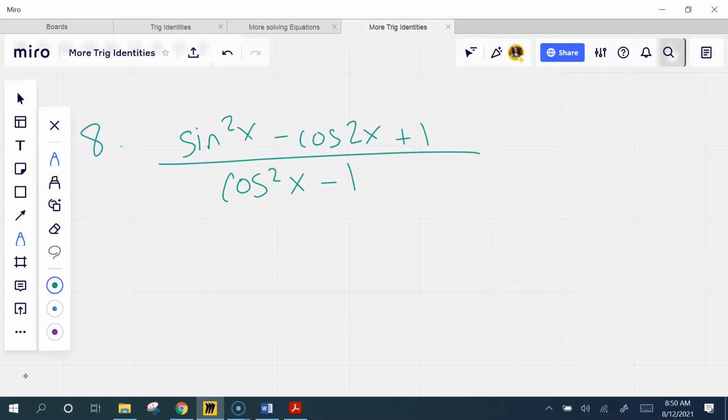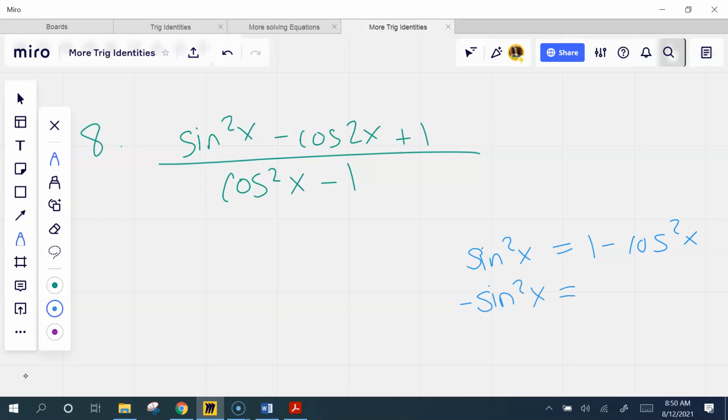On your trig identity sheet, where it says sine squared x equals 1 minus cosine squared x, also write there that negative sine squared x is equal to cosine squared x minus 1.